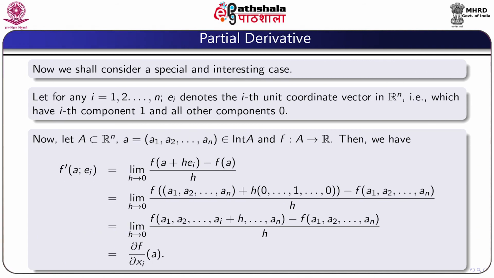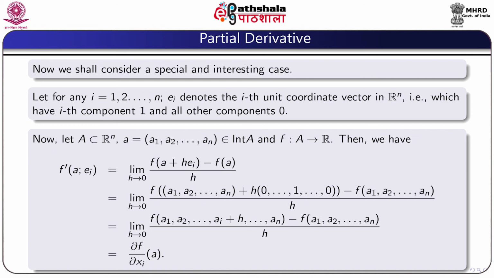Now, we shall consider a special and interesting case. For any i selected from 1 up to n, e_i denotes the ith unit coordinate vector in R^n, that is, which has ith component 1 and all other components 0.